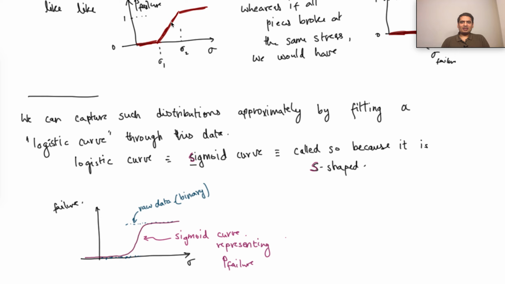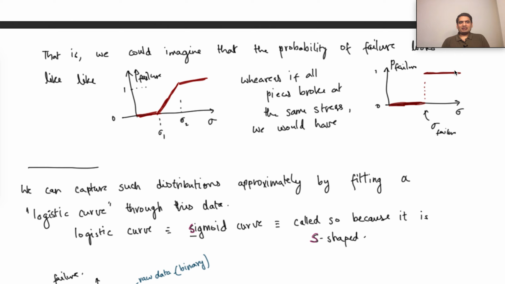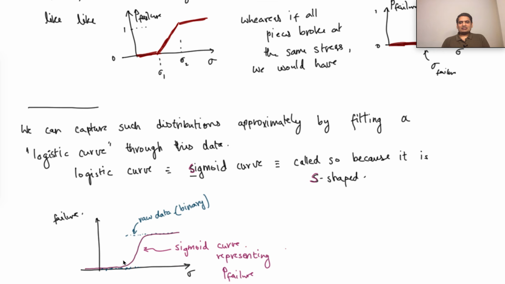In other words, the raw data takes only values 0 or 1, but then you're trying to approximate the probability of, in this case, the sample failing using this sigmoidal curve that smoothly goes from 0 to 1. And there is a transition region. You can make the transition region steep, thereby trying to approximate this, or if the transition region is gradual, you might be able to approximate something like this.